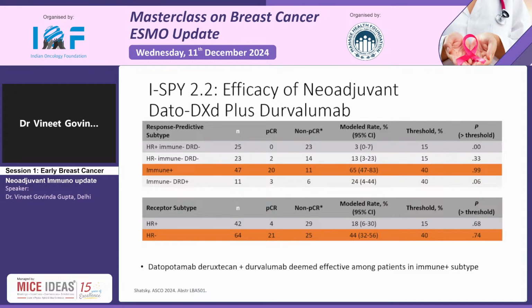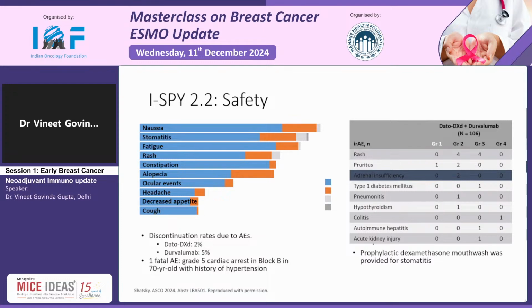These are the patients where it is holding promise, and probably this will be explored further in phase 2 or phase 3 studies. Safety wise, it is a relatively safe drug. If you look at the toxicity, grade 3 toxicity is not that common. Only 4 patients out of 106 had grade 3 rash, diabetes in 1 patient, autoimmune hepatitis and AKI in one patient, and grade 4 colitis in 1 patient.